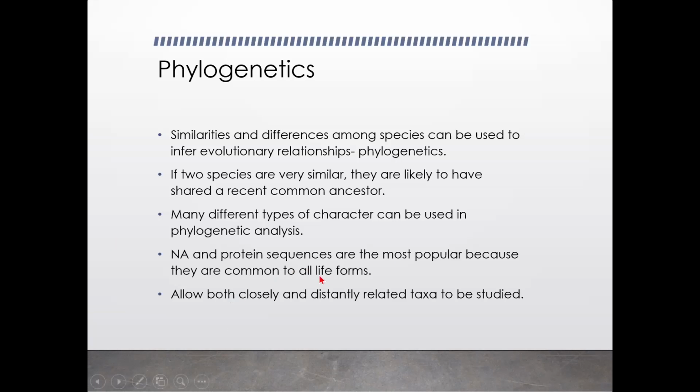And these molecular sequences allow both closely as well as distantly related taxa to be studied. That is why molecular sequence analysis or comparison to establish evolutionary relationships is considered very popular.